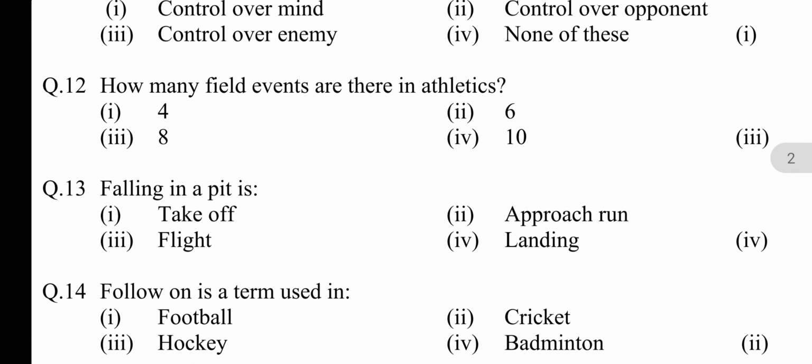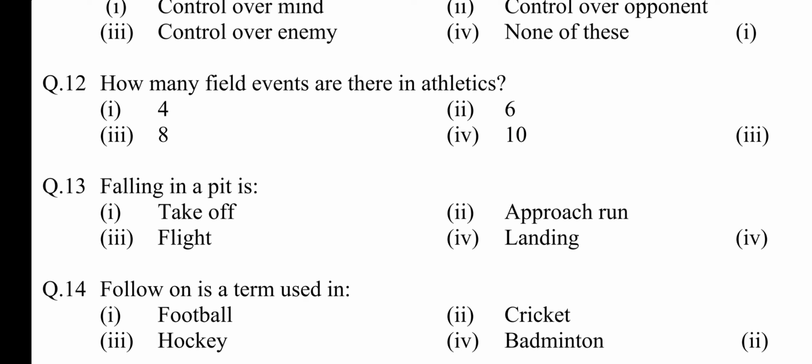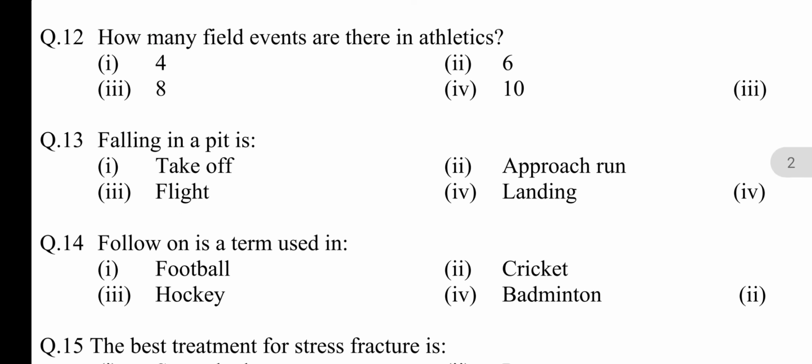Question number 12. How many field events are there in athletics? Option first 4, second 6, third 8, fourth 10. Answer is option third, 8. Question number 13.